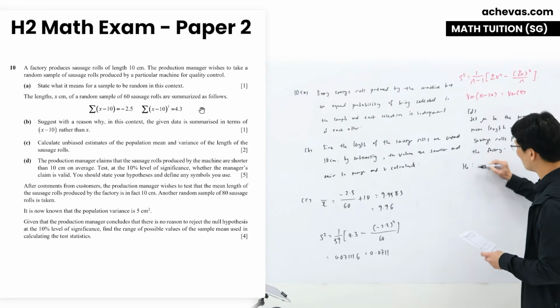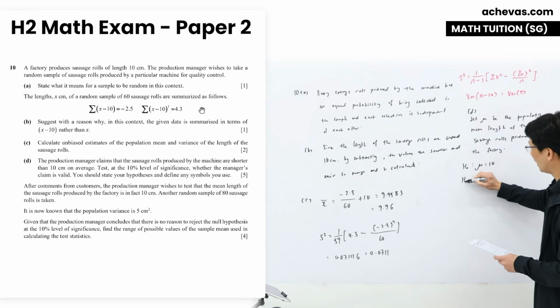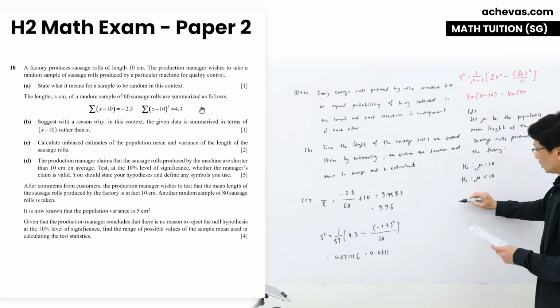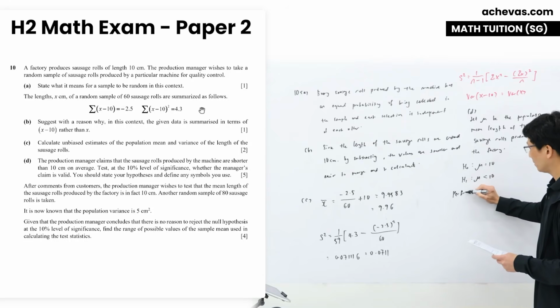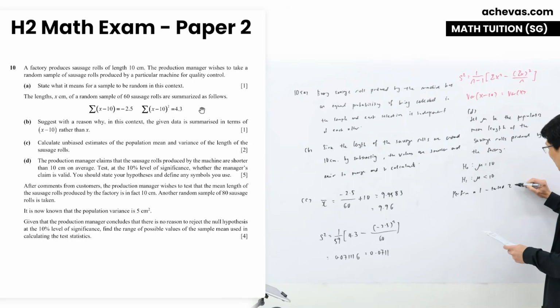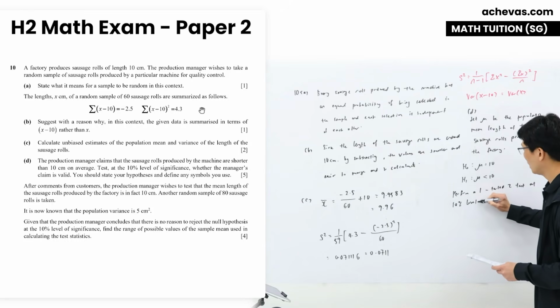So we are going to state our null and alternative hypothesis, which is H0: mu equals 10, and alternative hypothesis H1: mu is less than 10. So we are going to perform a one-tail Z test at 10% level of significance.